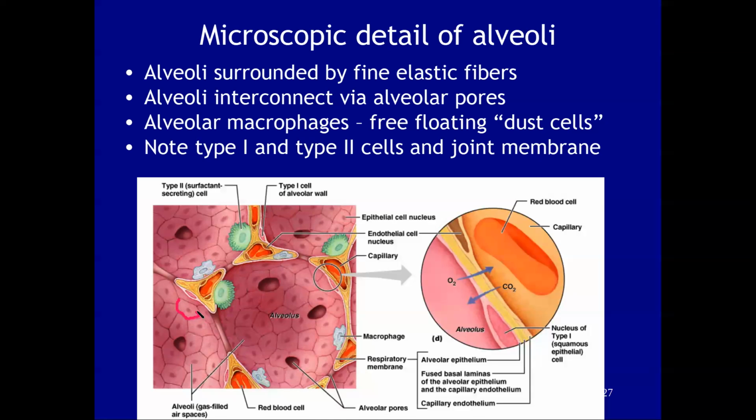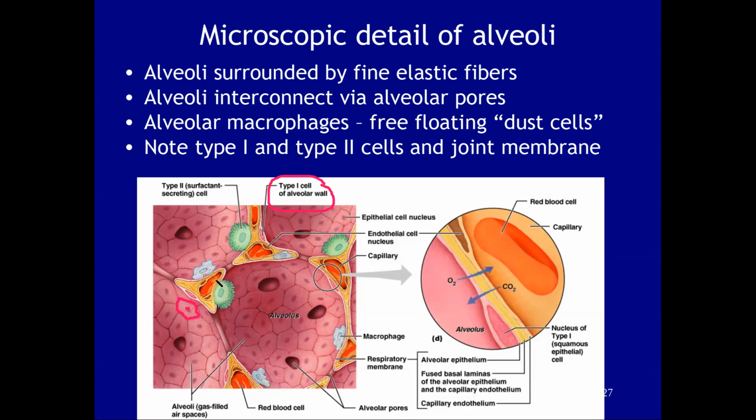Your type 1 cell is your simple squamous epithelium. This is the one that makes up the bulk of the structure of your alveolus. This is the one that allows for gas exchange to occur because, of course, it is 1 cell layer thick. So that is your type 1 cell.